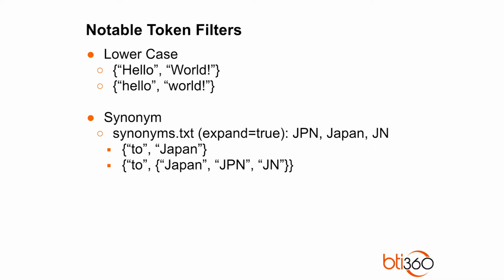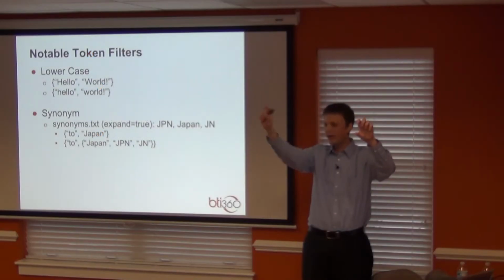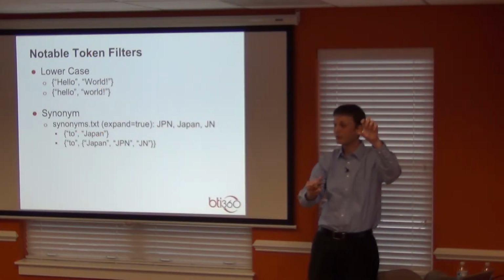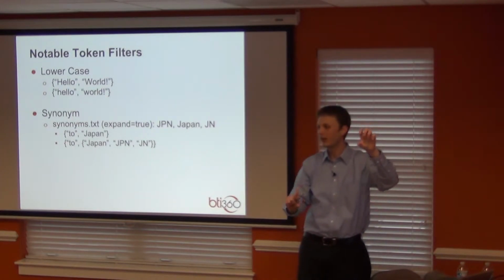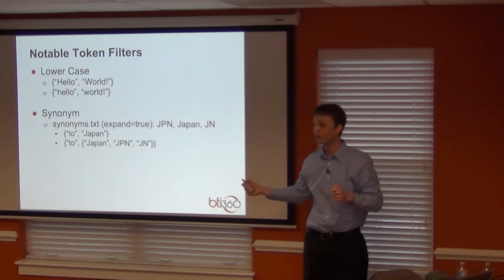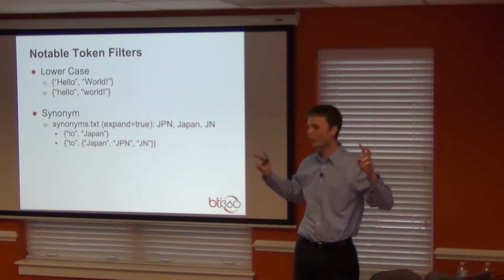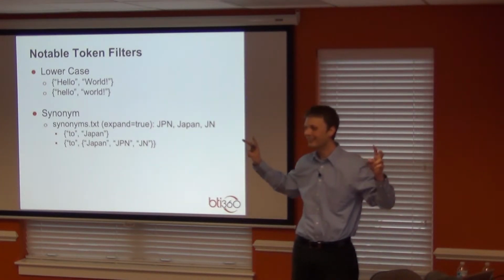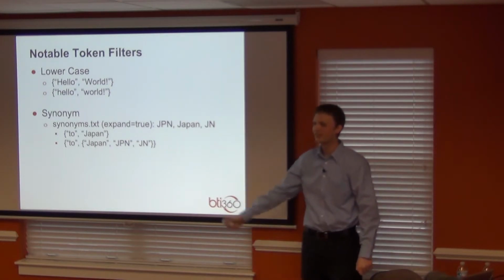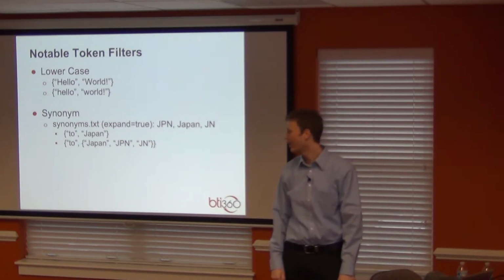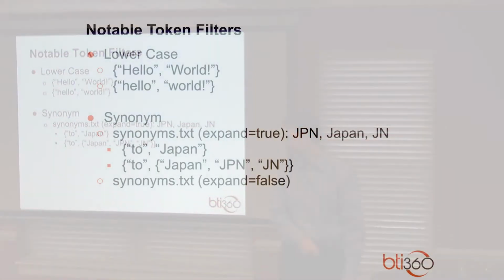So what I'm denoting here with these curly braces is that those are actually going to get stacked vertically. So the offset is still at the same location, but you have "to", and then you have Japan, JPN, and JN, because we need to preserve proximity so that our proximity clauses actually still work, right? Because if I want to quote "to JN", I still want that hit. So we're going to keep that position stacked vertically.